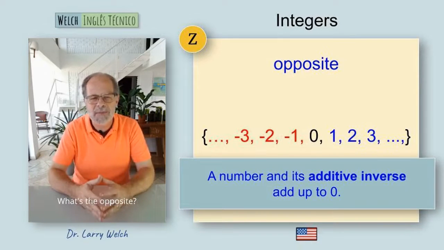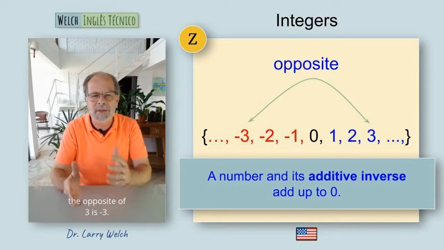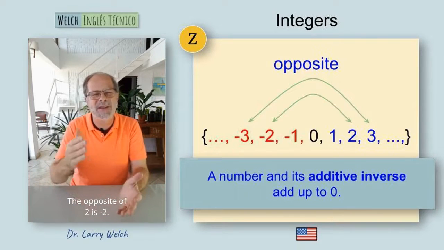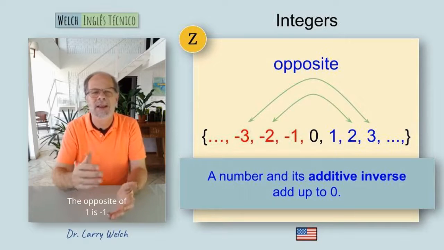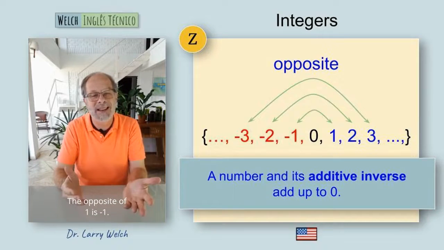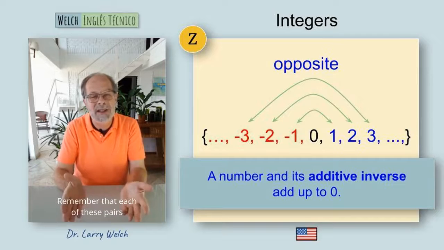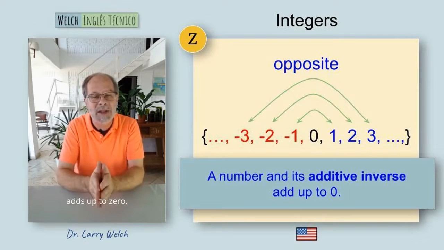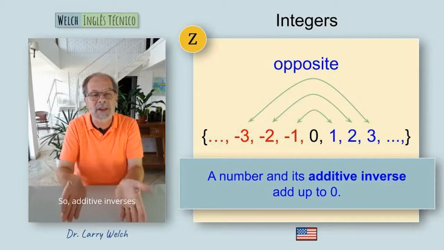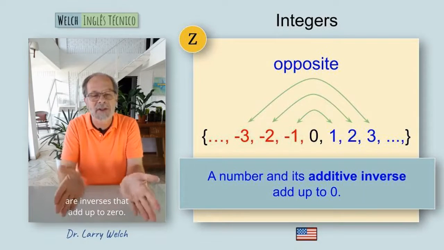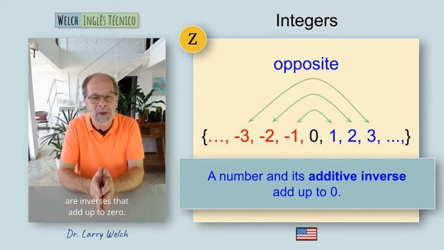What's the opposite? Well, for example, the opposite of 3 is minus 3. The opposite of 2 is minus 2. The opposite of 1 is minus 1. Remember that each of these pairs adds up to 0. So additive inverses are inverses that add up to 0.